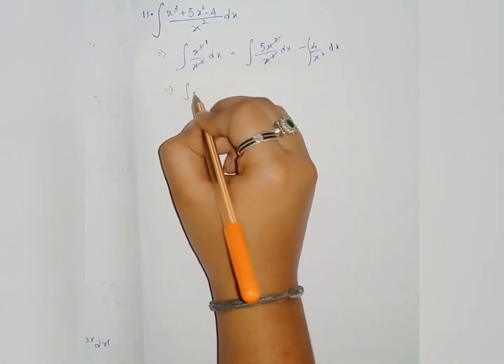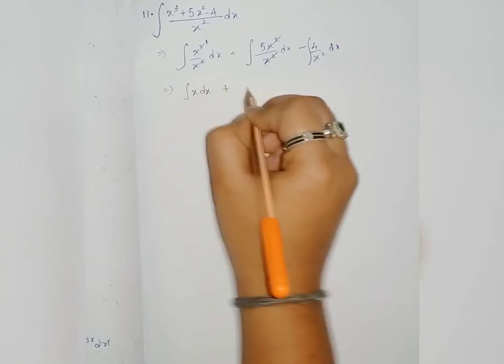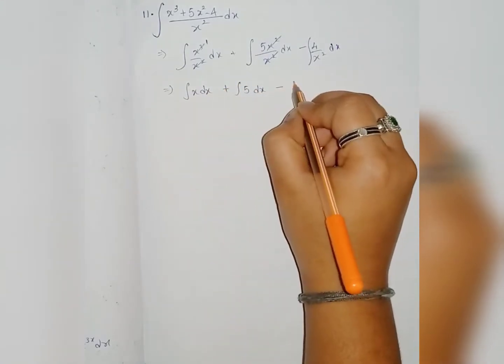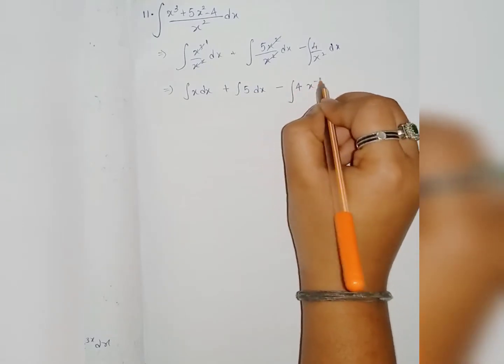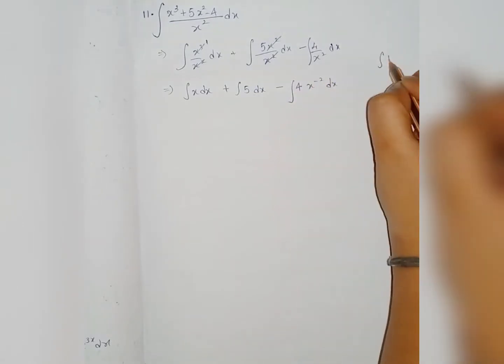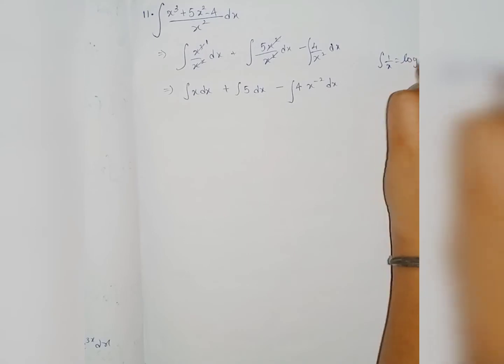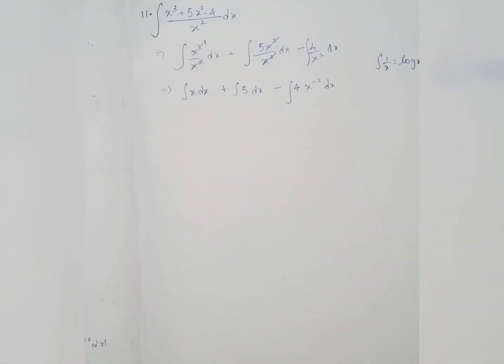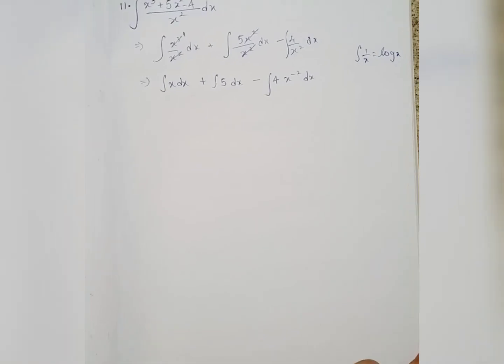Where we get integration of x dx plus integration of 5 dx minus integration of 4x to the power minus 2 dx. If it is integration of 1 by x, we can write it as log x. But if it is integration of 1 by x square, we can't use logarithm to write that. Okay.